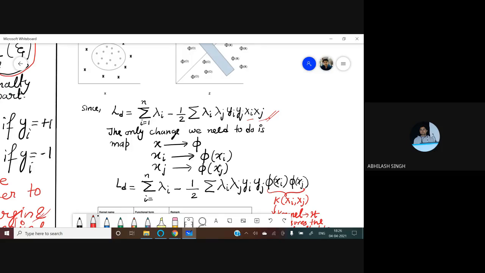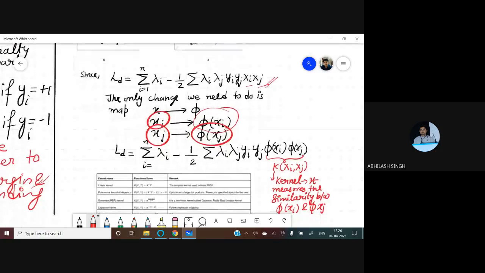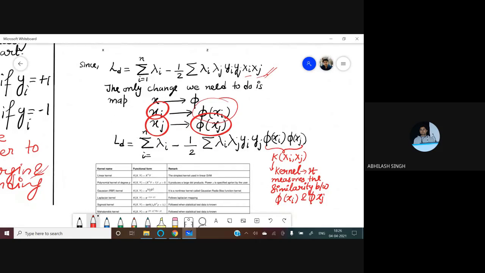So we just change xi with phi of xi, and xj with phi of xj, so that your dual form equation gets changed to this. We have just replaced xi and xj with the mapping function phi of xi and phi of xj, and that mapping function is nothing but the kernel.